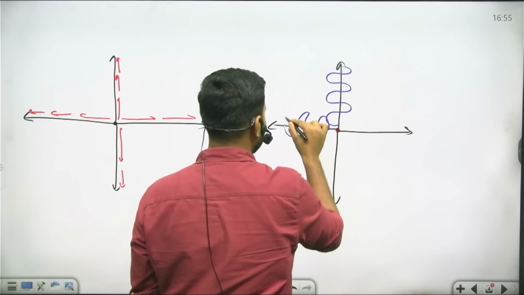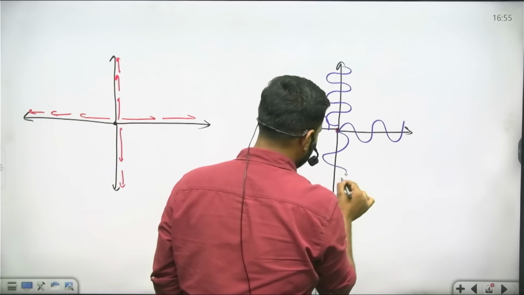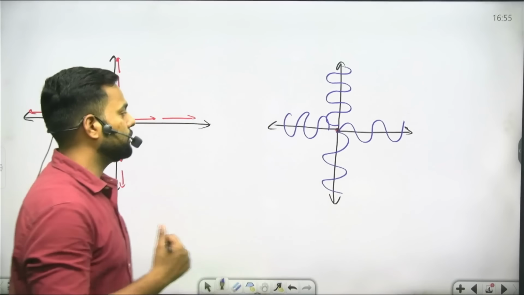Perpendicular to the energy propagation, and that is why there is more chance of destruction.